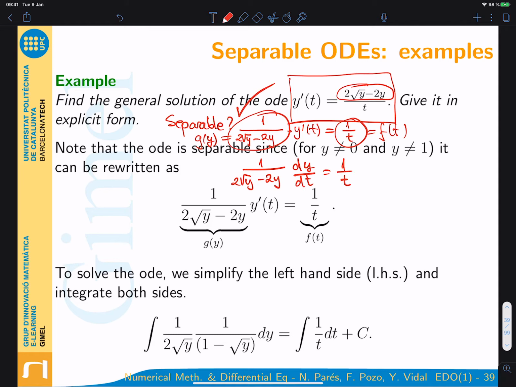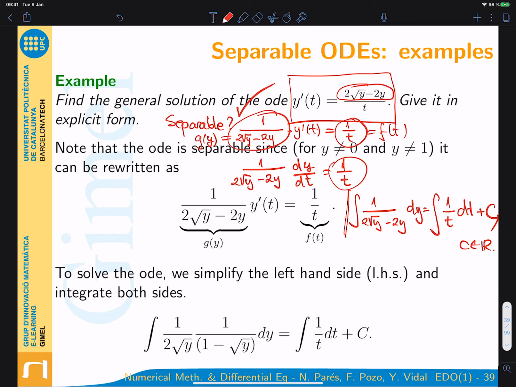And then I can remember that solving this is as easy as computing the integral of the left-hand side with respect to y and the integral of the right-hand side with respect to t plus an integration constant c that is any real number you want, okay?